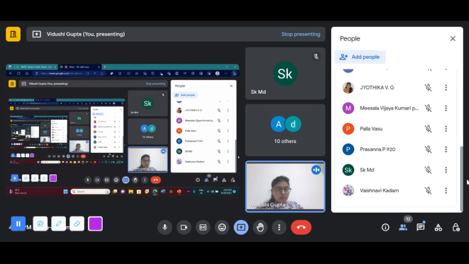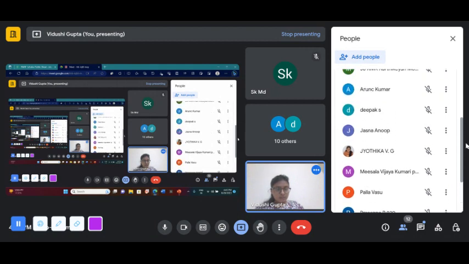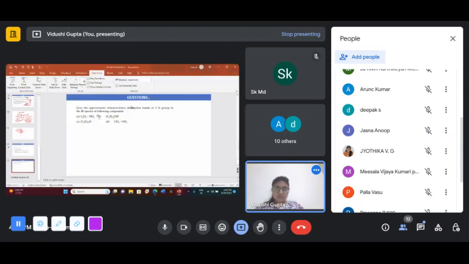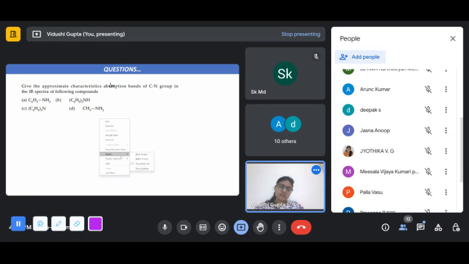What will be the value? For this, it will be approximately 1340 to 1250 centimeter inverse.